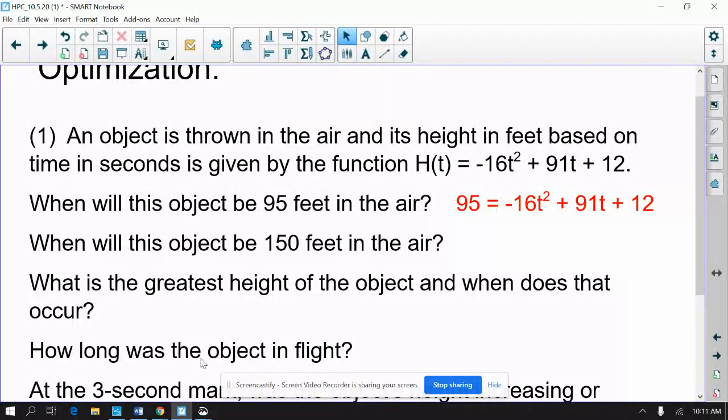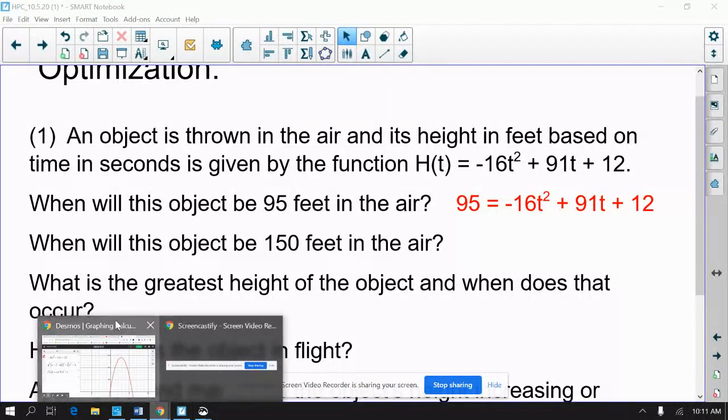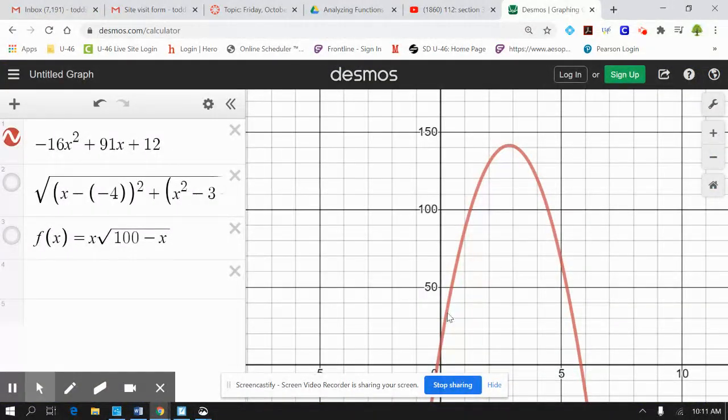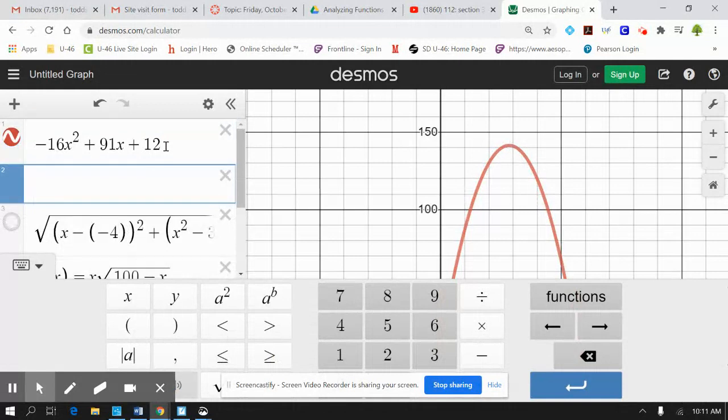So I'm going to go to Desmos here. And here is that parabola, negative 16x squared plus 91x plus 12. And I want to know, when does that equal 95? So y is the height of the function that I'm using. y is the height, the range.